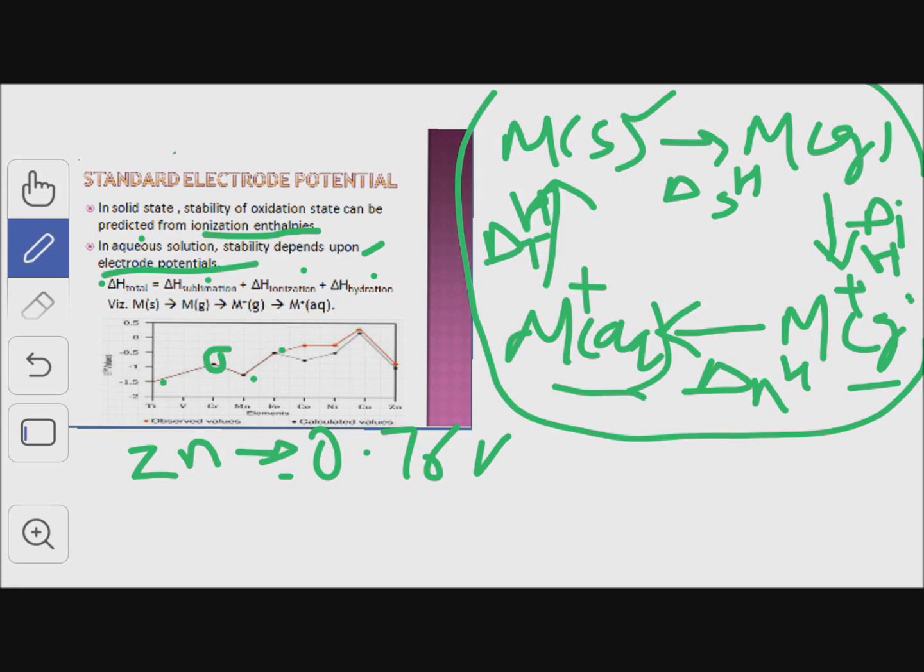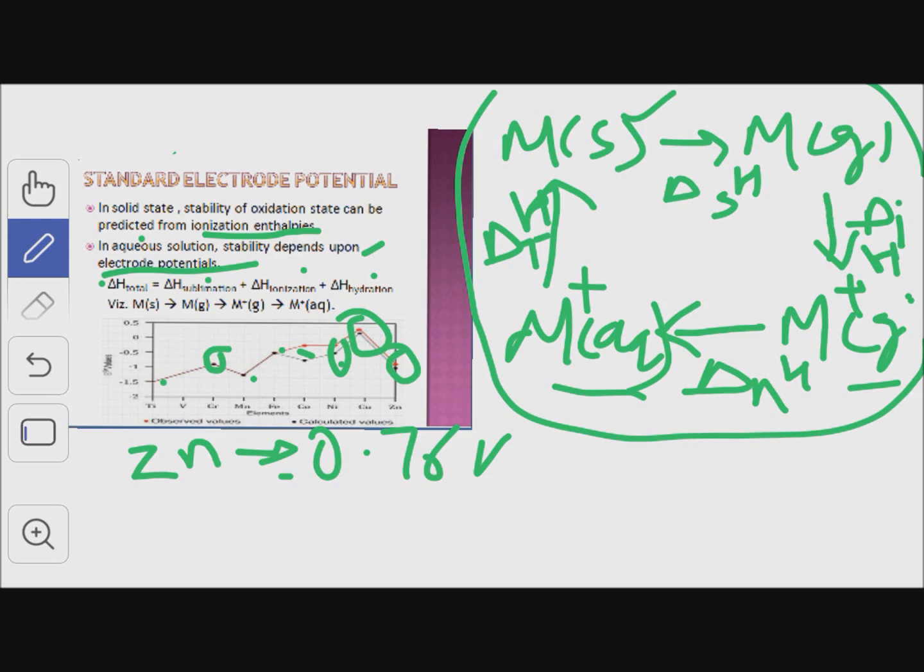From iron to cobalt to nickel it becomes more negative in case of nickel, and it becomes more positive in case of copper. Copper shows unexpected behavior in its series. And again, in case of zinc, it has a more negative value of electrode potential, that is minus 0.76 volts.